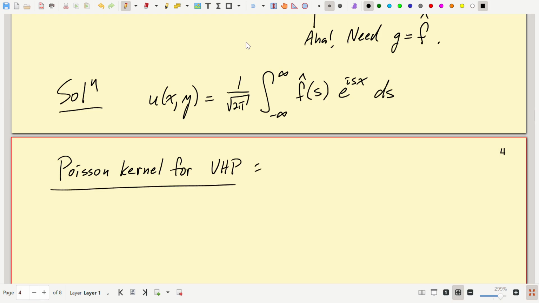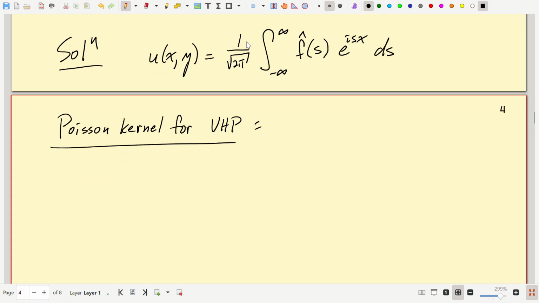And here's how. I've got this formula right here. And so now I'm going to write u of xy equals 1 over the square root of 2 pi, my s going from minus infinity to infinity. And my f hat is also an integral.